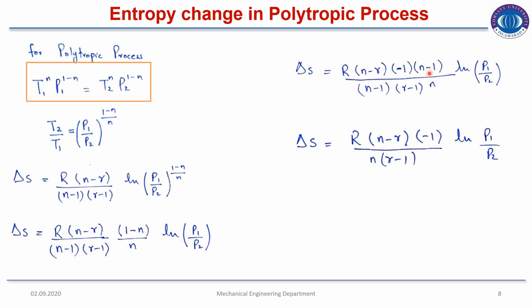Here the n minus 1 in the numerator and denominator will cancel out, and del S is equal to R into (n minus gamma) into minus 1 natural log P1 over P2, divided by n into (gamma minus 1). That minus sign we have multiplied inside, so the ratio that previously was natural log P1 over P2 becomes natural log P2 over P1.